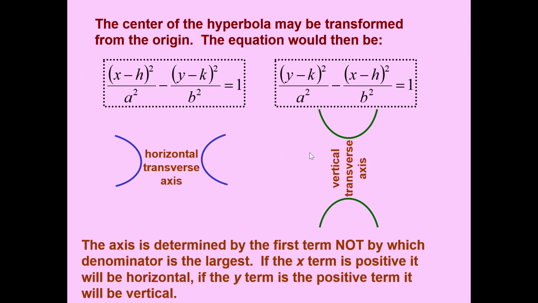The axis is determined by the first term, not by which denominator is largest. If the x term is positive, it will be horizontal, spread out along the x-axis. If the y term is positive, it will be vertical, spread out along the vertical axis.